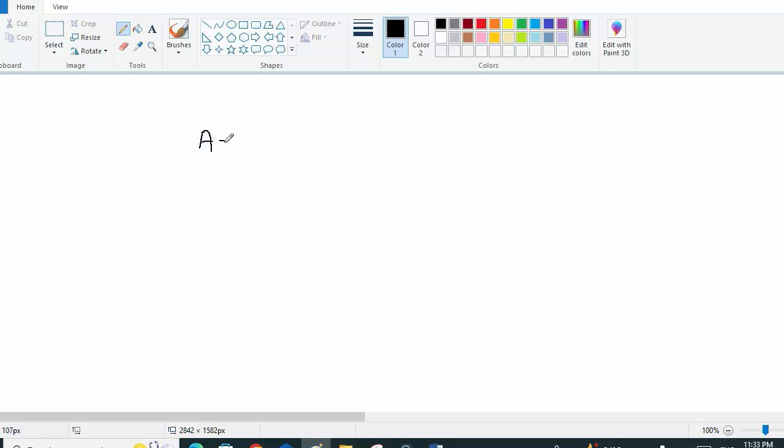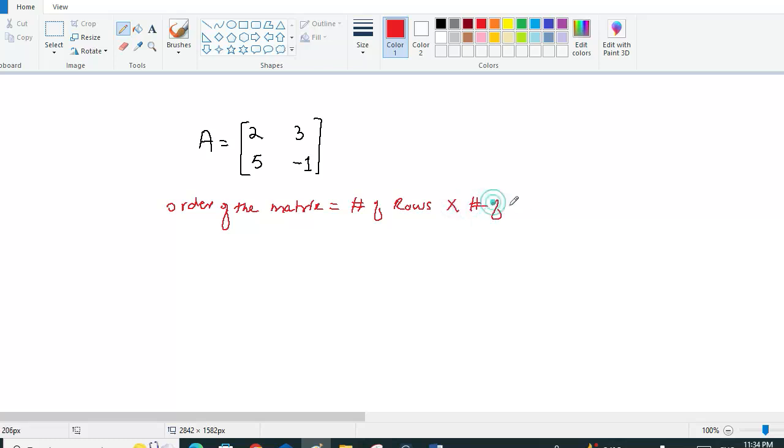If A is a matrix like this, written as 2, 3, 5, minus 1, this matrix has a special thing which is called the order of the matrix. The order of the matrix is very simple, that is number of rows multiplied by number of columns.